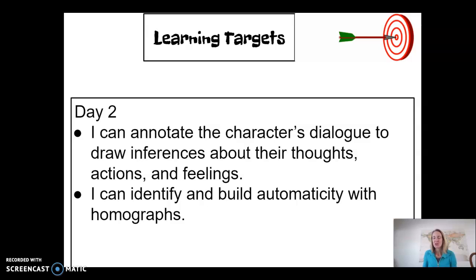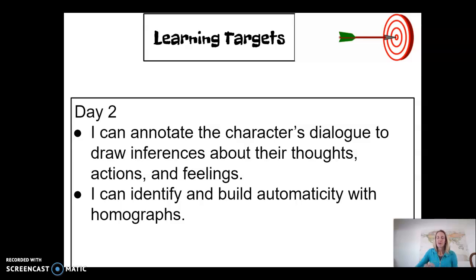We're on day 2 and we're continuing our work with inferences today. But we're going to pay close attention to the words a character uses. We're looking for things that the character says that help us understand the kind of person they are or the feelings that they're having at that moment.